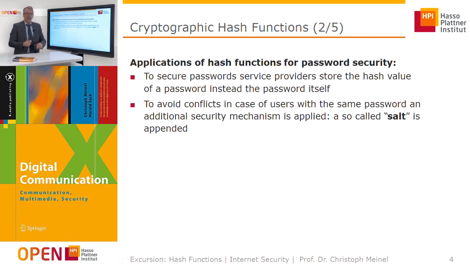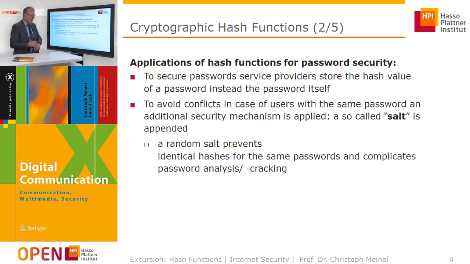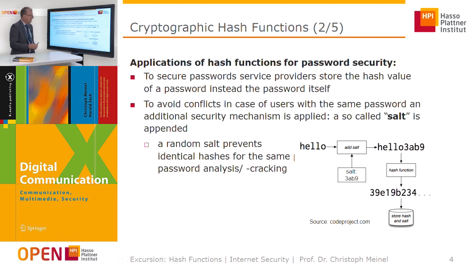So to the password, a salt is appended. A random salt prevents identical hashes for the same password and makes it more difficult to analyze and to crack passwords. For example, two users use the password hello, then a salt is added, which is a random string, and then the hash function is applied to the password appended with the salt.